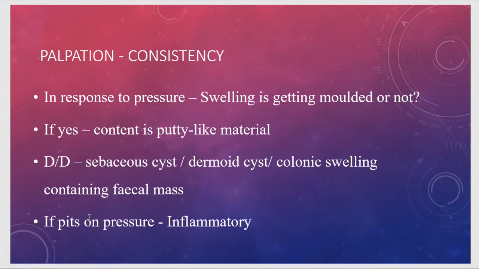So these are the three important things: the sebaceous, the dermoid, and colonic swelling containing fecal mass. This will get molded on application of pressure, right? Whereas if the swelling is spitting on pressure, it is suggestive of inflammatory origin.